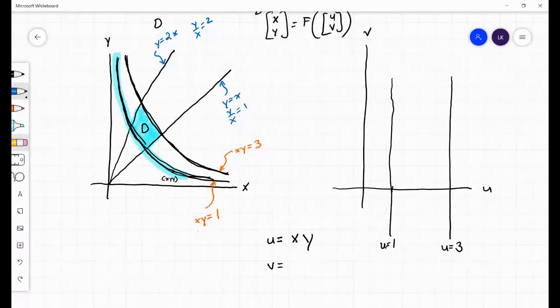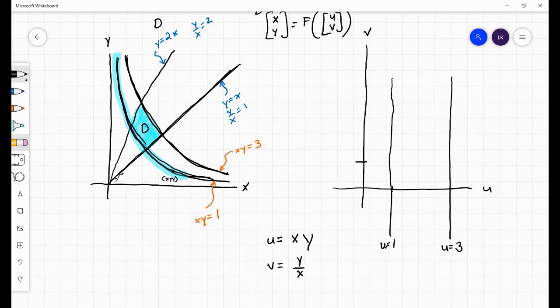So I can again use the same idea, I can make this line where y equals x be a constant in the new coordinate system if I simply define v to be y over x. So this line here becomes where v equals 1. And this line over here is where v equals 2.